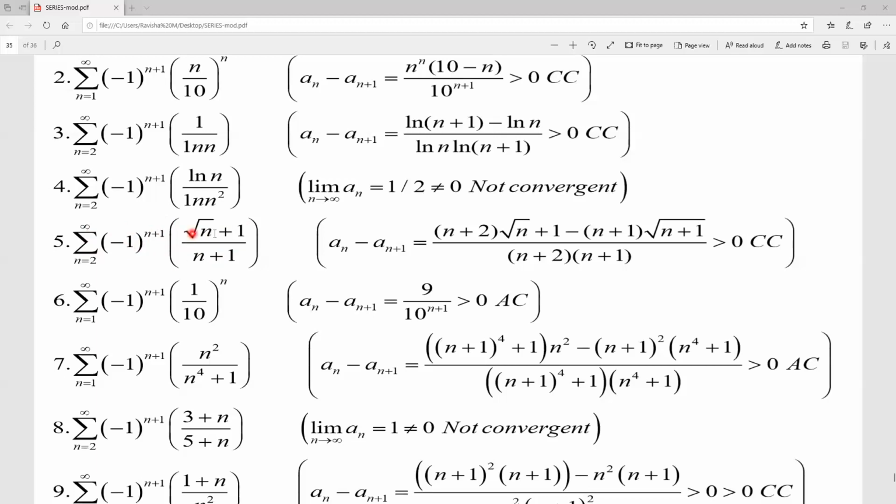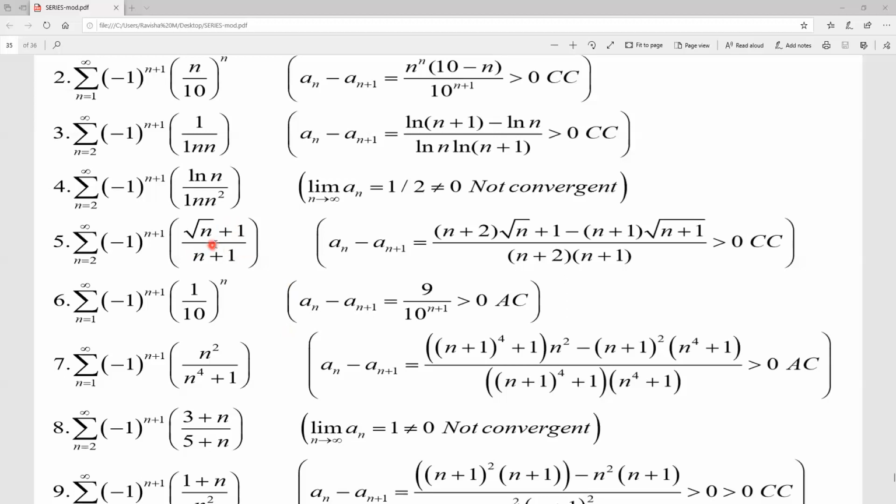It is a rational function, so we can define b_n using the degree of the numerator, n to the power of 1 by 2, over the degree of the denominator, 1, giving root n by n. Therefore b_n is equal to 1 by root n, which is a p-series with p equal to half, that is less than 1. Therefore the series is divergent.